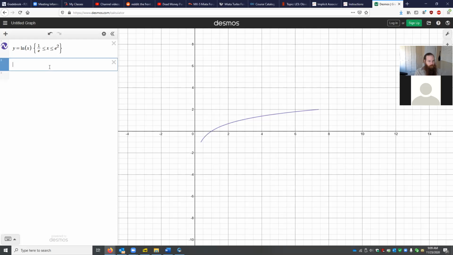Let's try plotting t comma ln t, where t runs from 1 over e to e squared. Same thing, right? So these parametric equations, x of t equals t and y of t equals ln t, give me the exact same graph as the thing I was asked to parametrize.